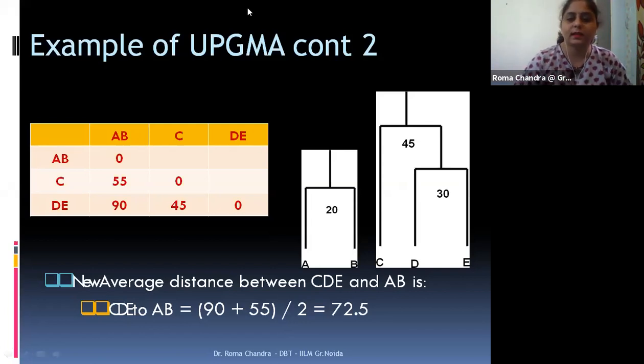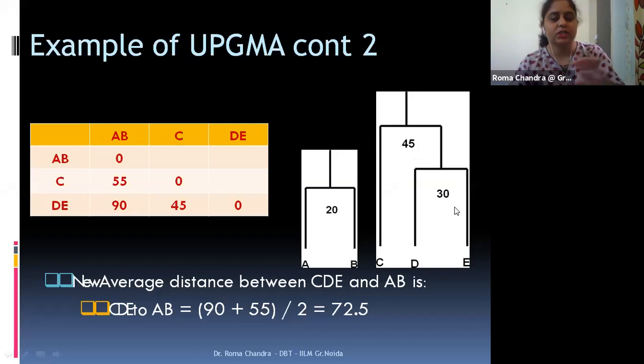Here you can see I have now created another branch, the branch of C, and this is connected to my DE. Initially DE had a common ancestor, and now this common ancestor is connected to the branch C with a distance of 45. So DE and C share a distance of 45, and now they have a common ancestor, a common root.